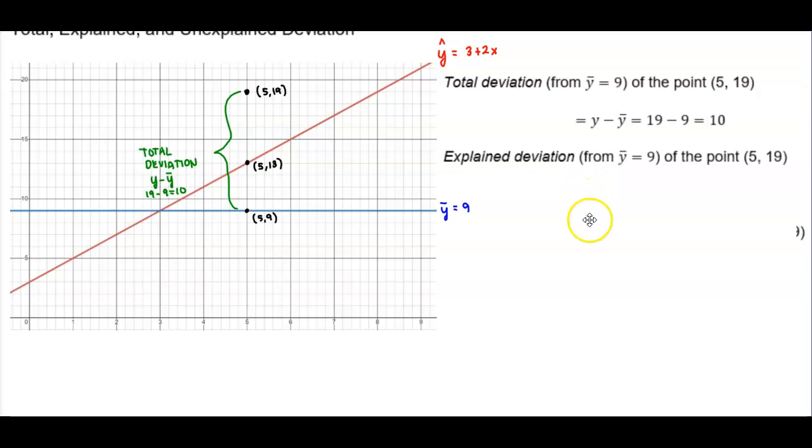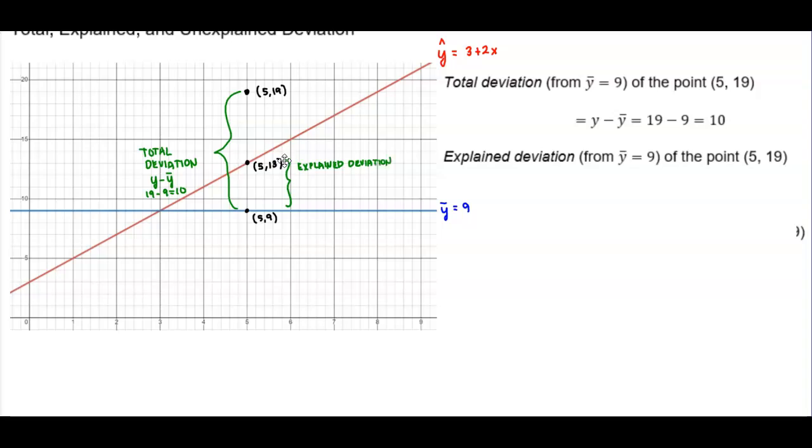Now the next thing we want to do is determine the explained deviation. The explained deviation is from the actual regression line, the point here, to the mean value of 9. So this here represents the explained deviation.